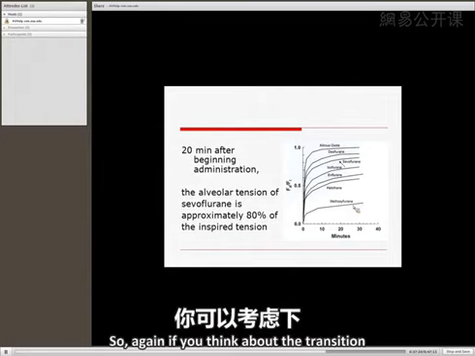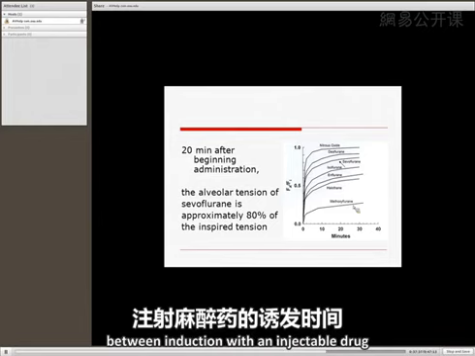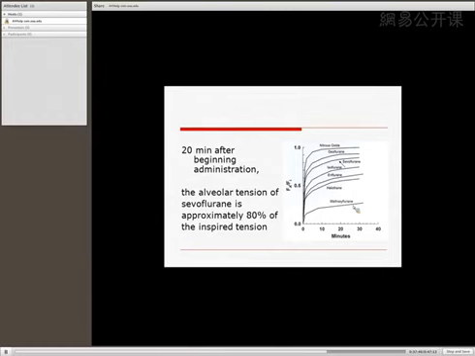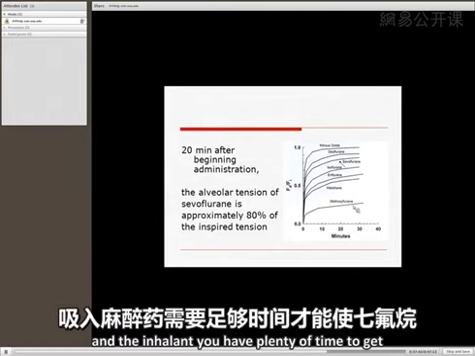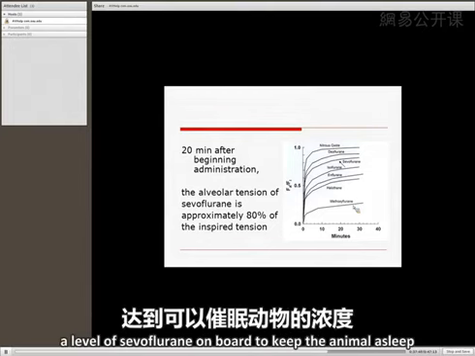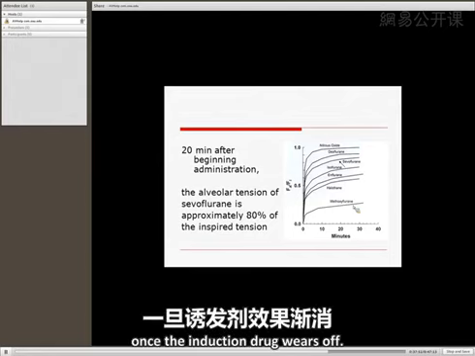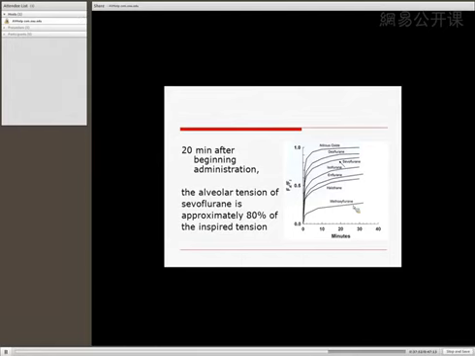So again, if you think about the transition between induction with an injectable drug that's going to last 20 minutes and the inhalant, you have plenty of time to get a level of sevoflurane on board to keep the animal asleep once the induction drug wears off.